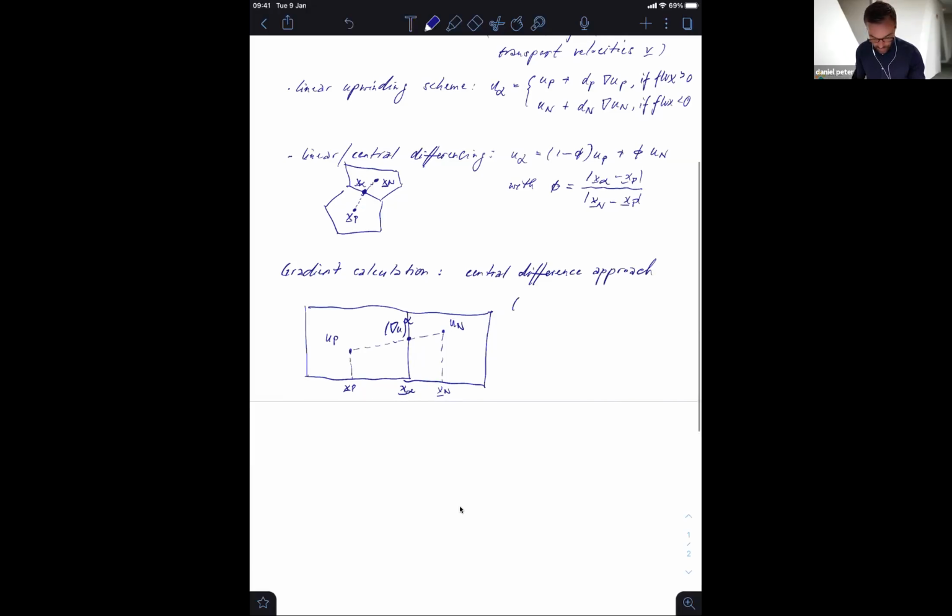I would have the gradient of U at the position of the face centroid x alpha, which is then just the difference UN minus UP divided by the distance of these centroids. So this gives us the gradient value at the face center position.